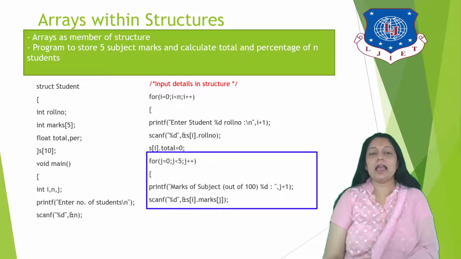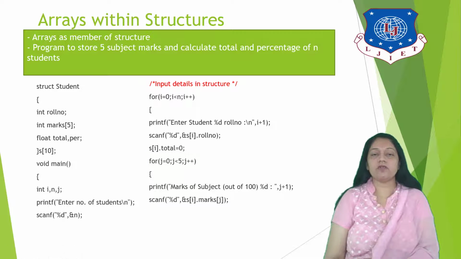Inside that, enter the values inside the marks member. Now how will you access marks? Using the structure variable, which is again an array. So s of i, where i is the outer for loop index, dot marks. Marks is again an array, so the index of marks would be j.